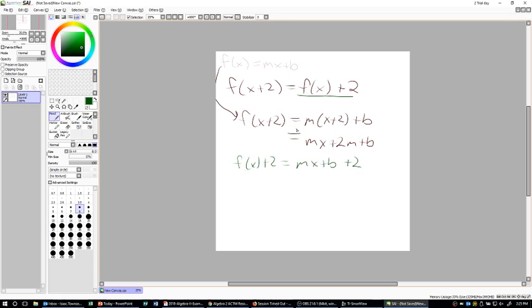Okay, so if these are supposed to be equal, I can set this equal to this and see what we get from that.